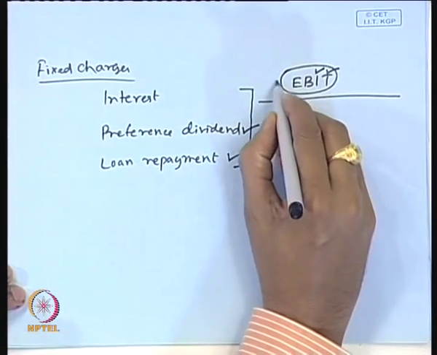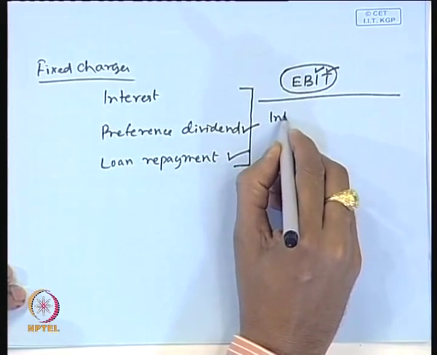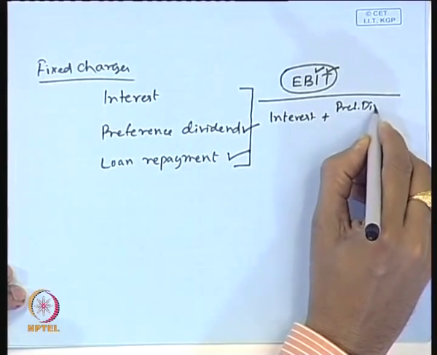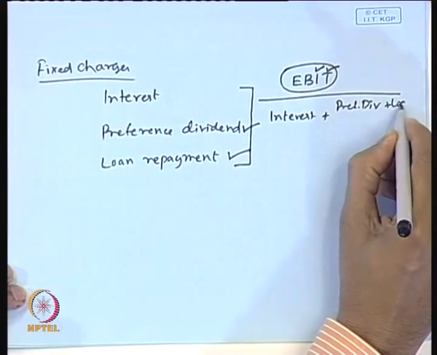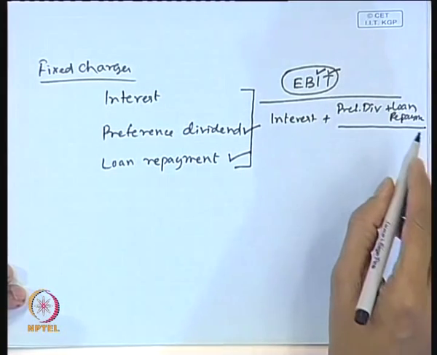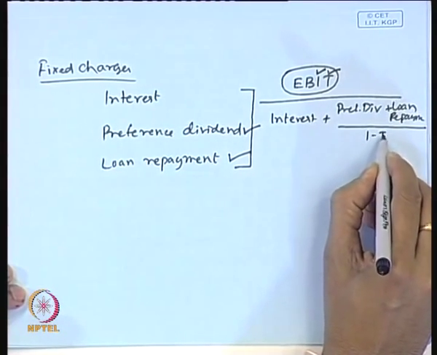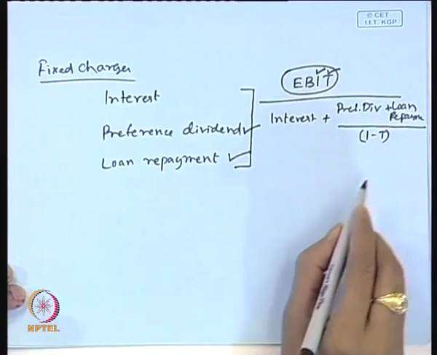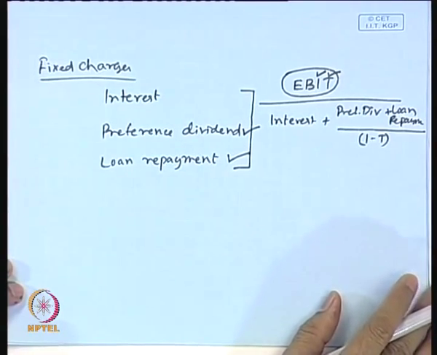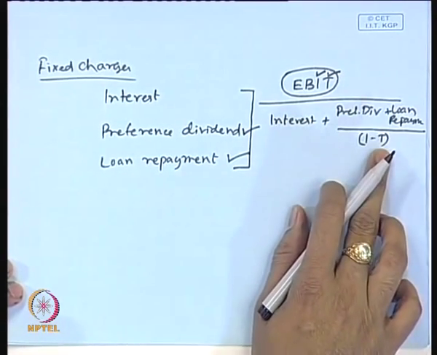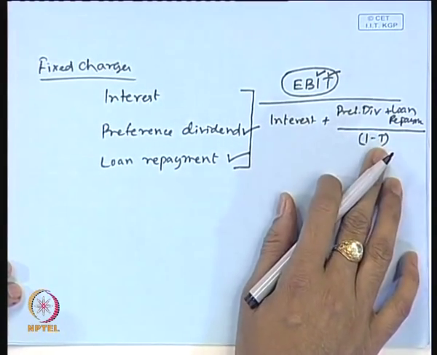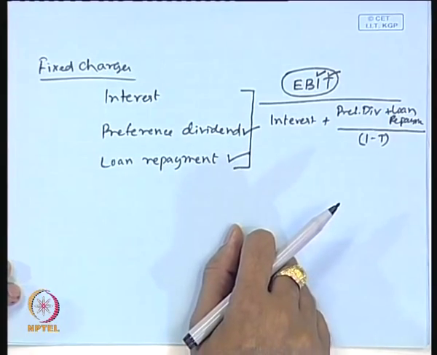So, in this case EBIT is in the numerator, and in the denominator we have interest plus preference dividend and the loan repayment portion, but that has to be adjusted for 1 minus t, because interest has a tax effect, you get tax relief because you claim interest, but you do not get any tax benefit by claiming preference dividend or loan repayment.